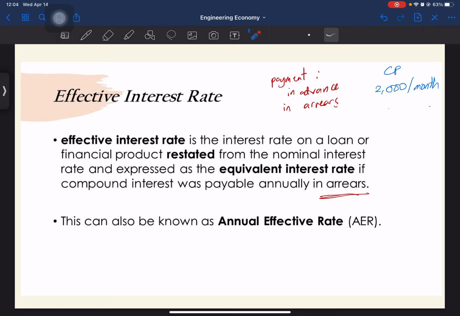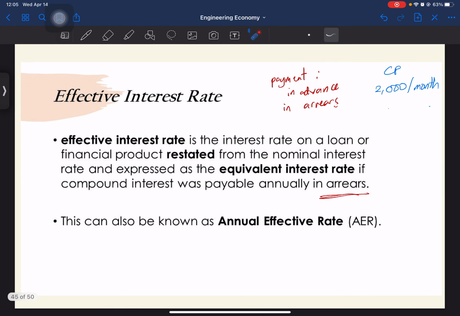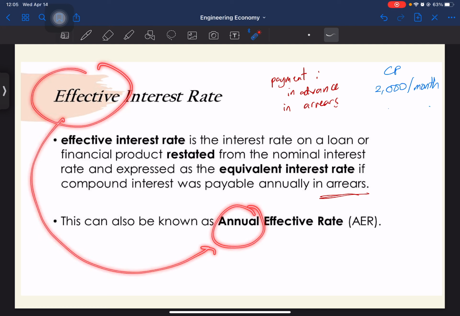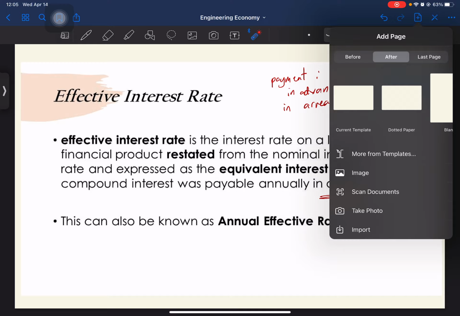So, let's get back doon sa example kanina. Ayan, sabi, this can also be known as annual, ibig sabihin, yearly. Okay? So, ibig sabihin, when you see the word effective, ibig sabihin, ano yung effect niya sa loob ng isang taon? Okay, that's annual, or that's effective interest rate. So, annual effective rate. That's the other name of effective interest rate. Now, let's go back to the example I provided you earlier.